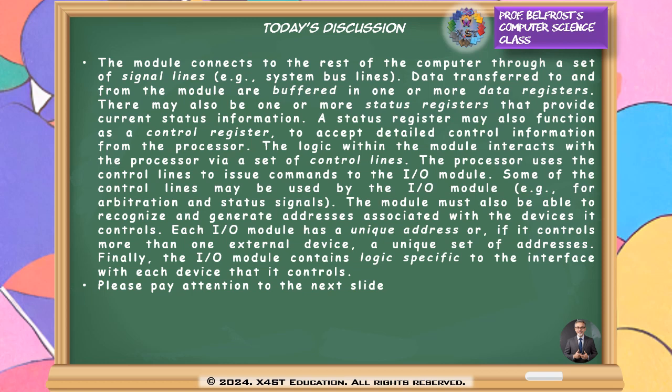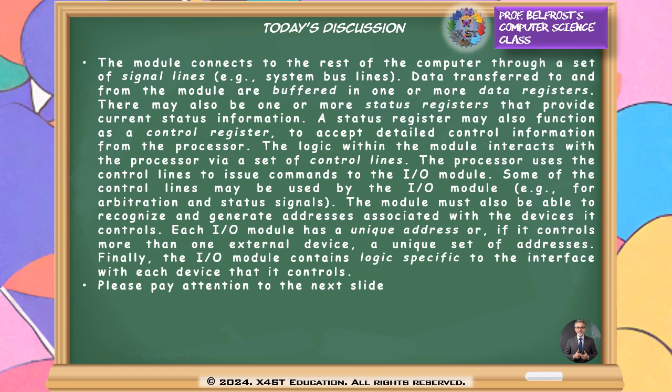For this to happen, each I/O module must be assigned a unique address, or if it controls more than one external device, a unique set of addresses is necessary. Finally, the I/O module contains logic specific to interfacing with each device that it controls.